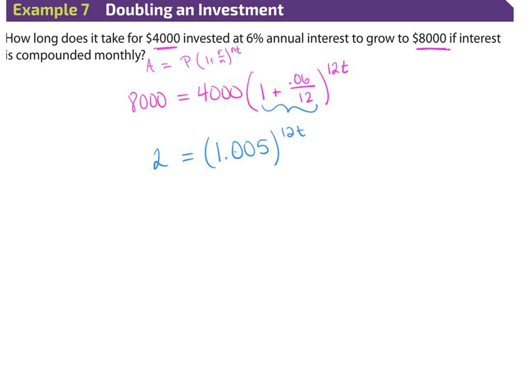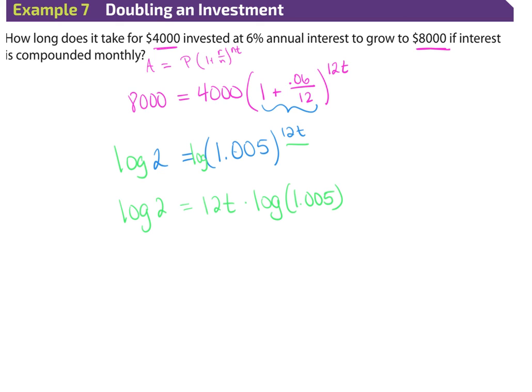It doesn't matter which one you use. Log of this side, log of that side, right? So I have the log of 2 over here, and now I can expand this guy. Equals 12t times the log of 1.005.